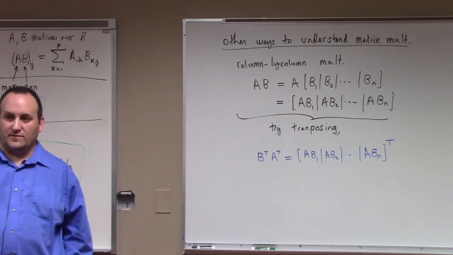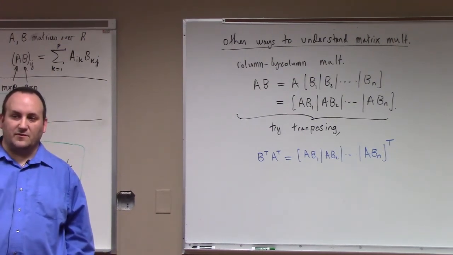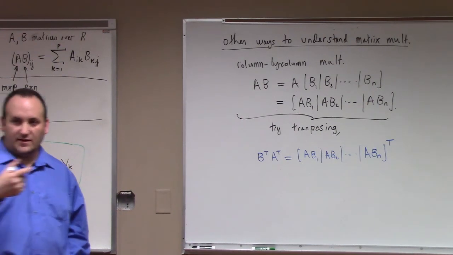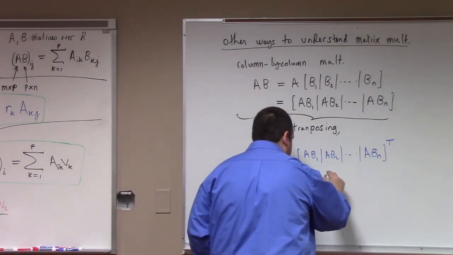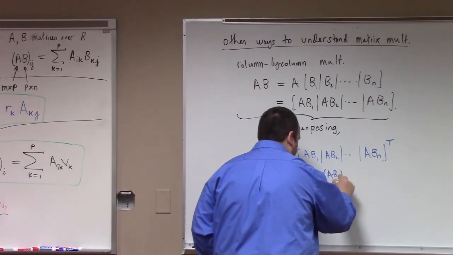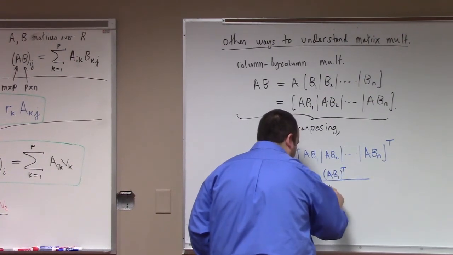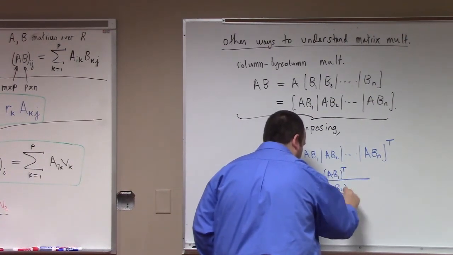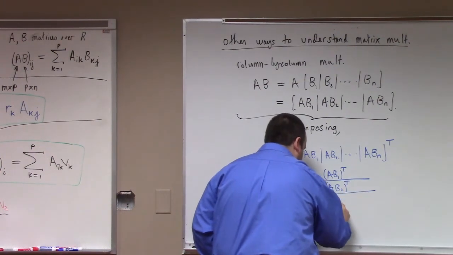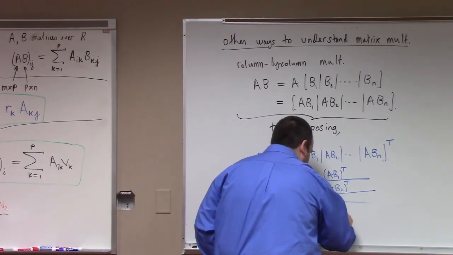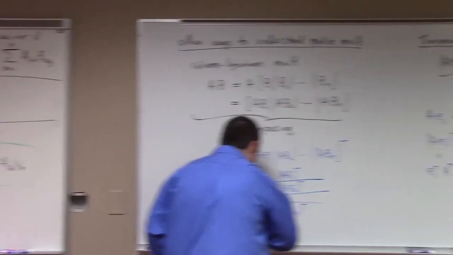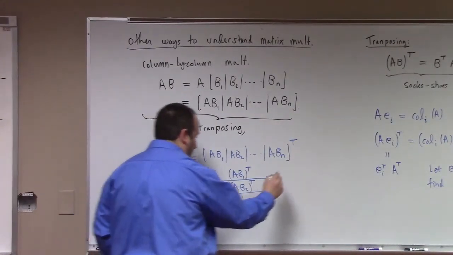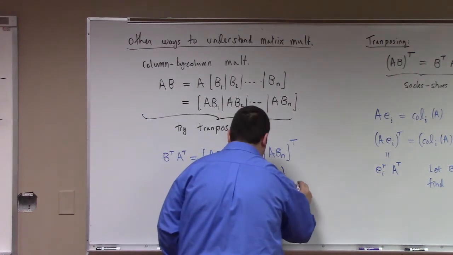So each column becomes the new row by transposition. In other words, column 1 transpose is row 1 of the new matrix. If you don't believe me, go back to the definition of transpose and prove it for yourself. Or come talk to me at office hours. Either works for me.